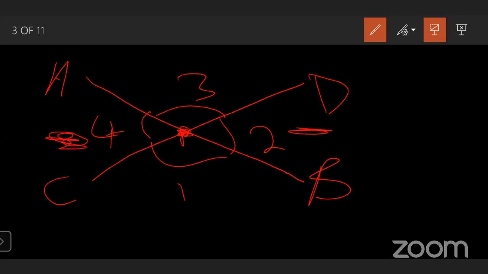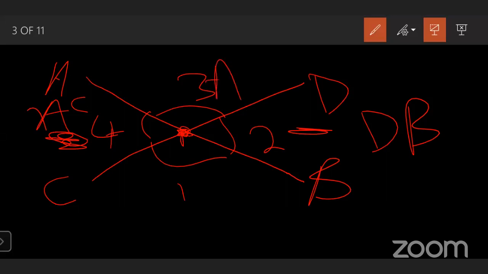So angle DB is vertically opposite to AC.